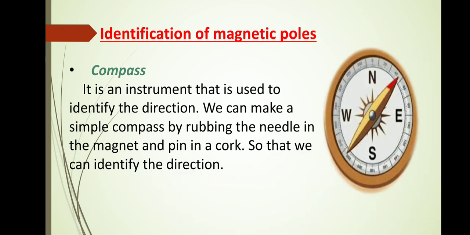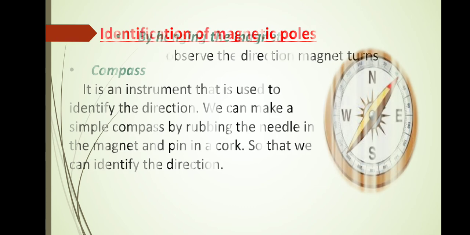It is an instrument used to identify the direction, and it is simply made by a needle magnet and a pin in a cork. If you keep a magnet it will show north and south direction like this. So you can identify the direction using the compass and also identify the magnetic poles.